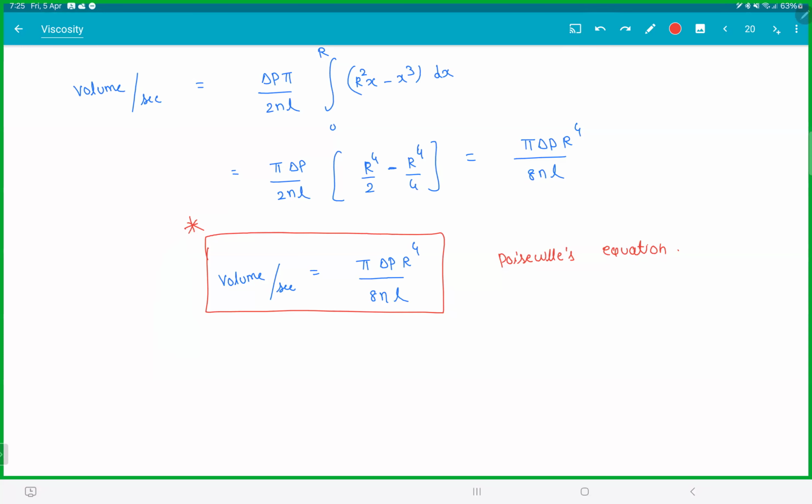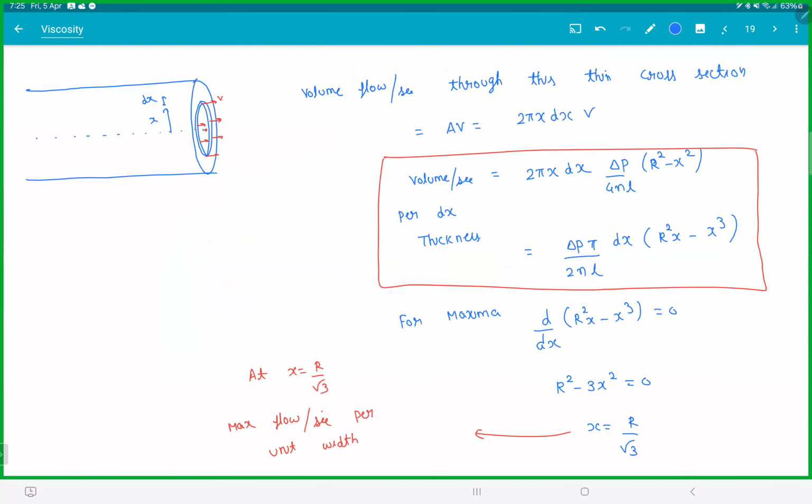I added a few more questions on this thing, like kinetic energy and the maximum flow rate at a distance x. Again, one of the rare equations in physics where you have power 4. Clear? Just a matter of integration afterwards you got this.